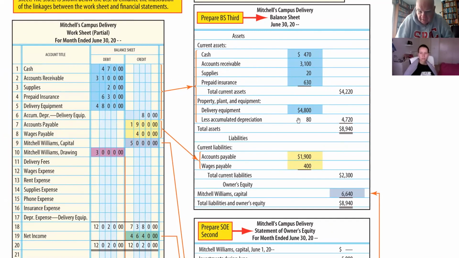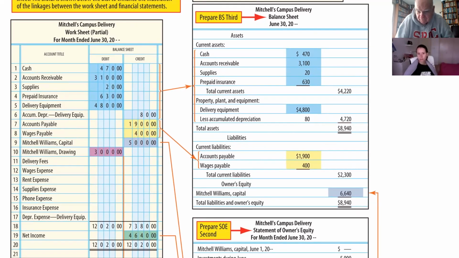It was depreciating $80 a month for 60 months, I believe. So our net book value of the assets, net fixed assets, is 4720. I would rather see that 4720 on a separate line that says net fixed assets, but that's okay. We add the current assets and the long-term assets, 8940.